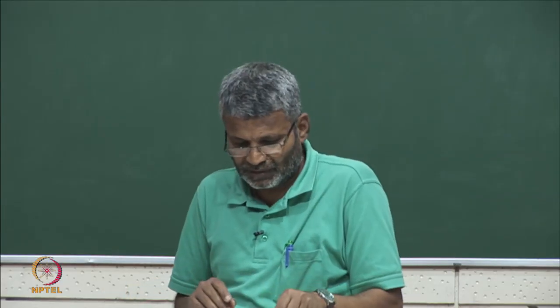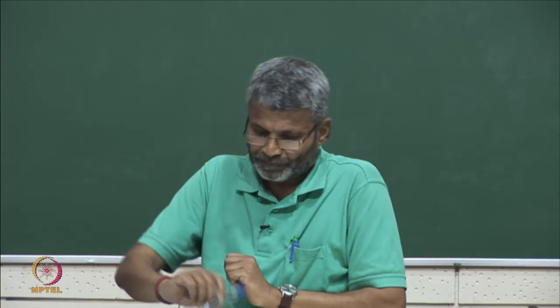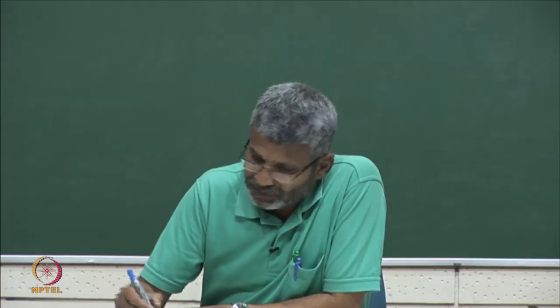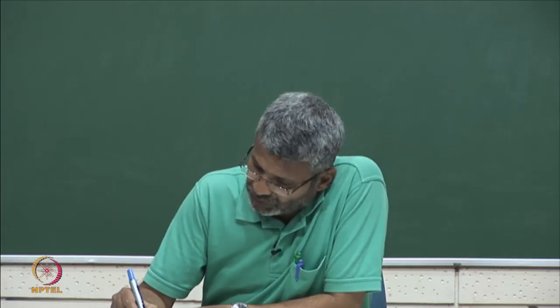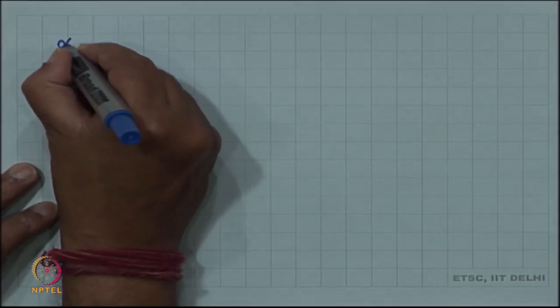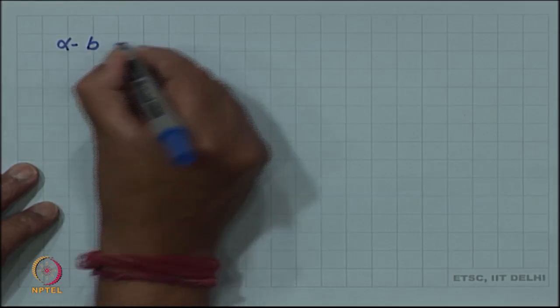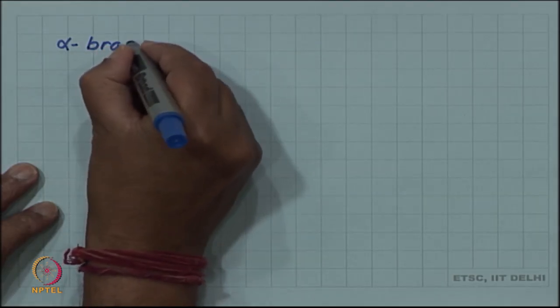Let us look at a 3D example of a substitutional solid solution also, and that example is that of alpha brass. So, let us look at alpha brass.